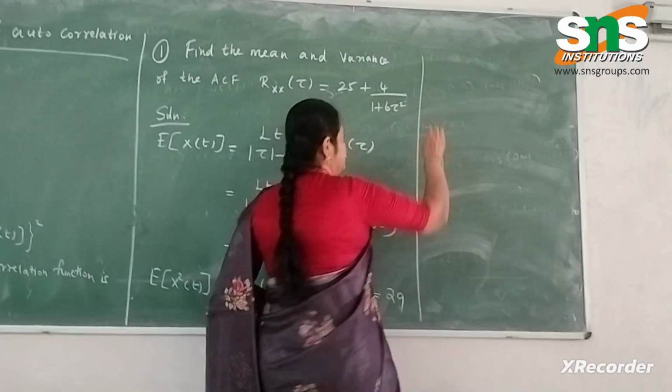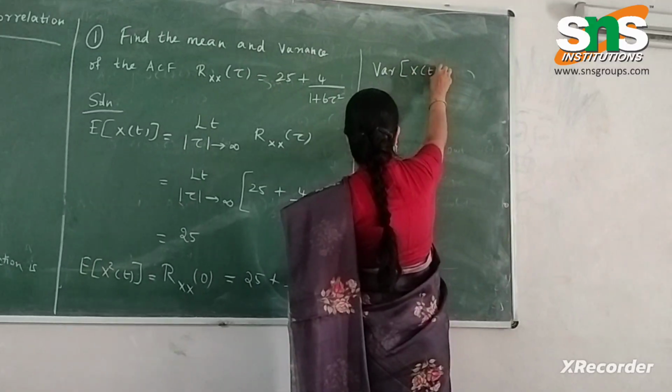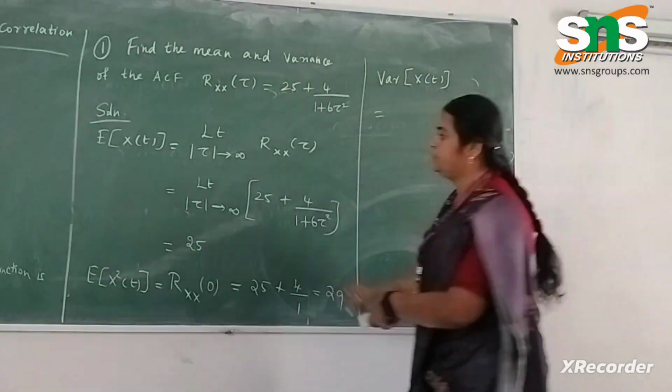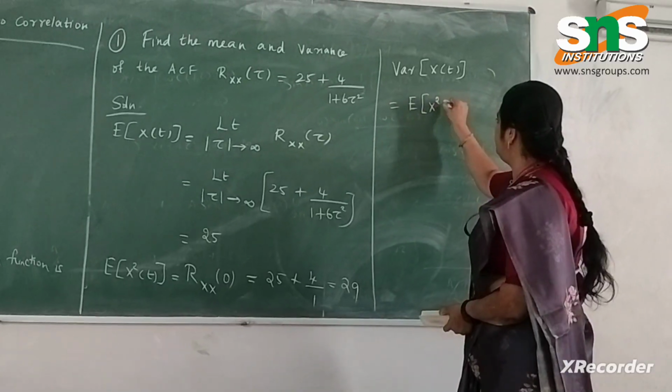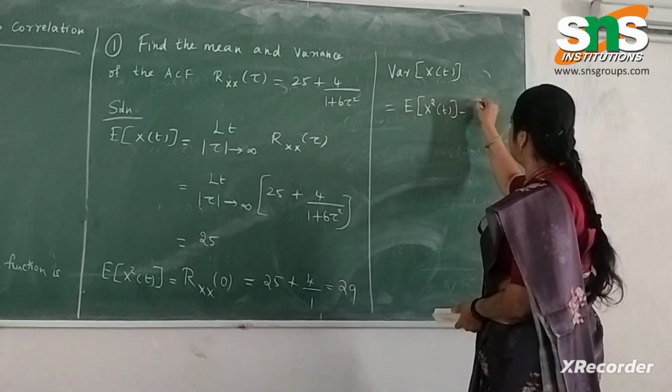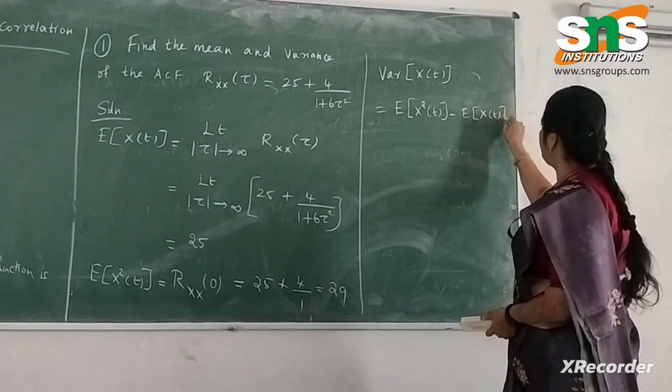Next is the variance of x of t. The variance of x of t is given by the formula I have written there: E of x square of t minus E of x of t the whole square.